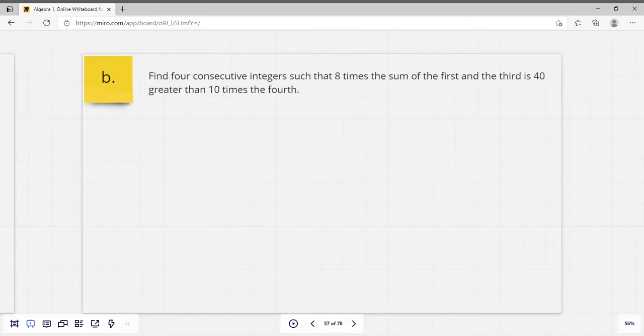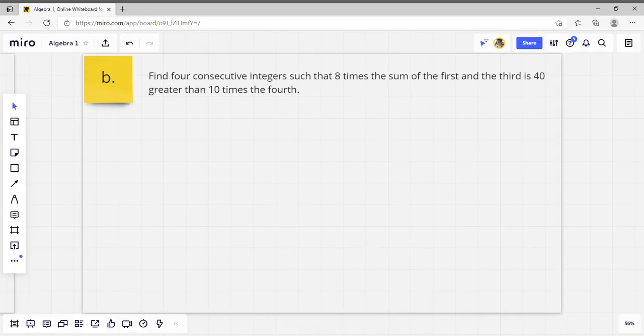Okay, this one wants us to find 4 consecutive integers, so we're going to go ahead and name these. Our first one would be n. Then we're going to have n plus 1, n plus 2, and n plus 3. Okay, so it says 4 consecutive integers such that 8 times the sum of the first and the third is 40 greater than 10 times the fourth.